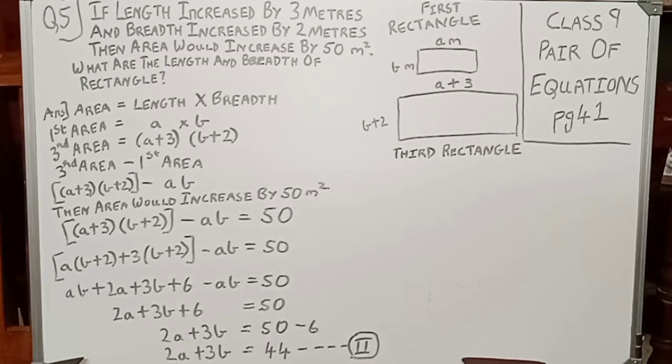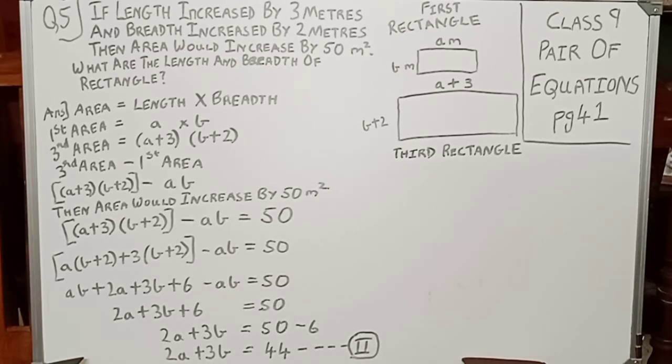In the question itself, if you read it, they say the area would be increased by 50 meter square. So this equation we have just calculated, we have to equate with 50, because on the right hand side it is equated to 50.